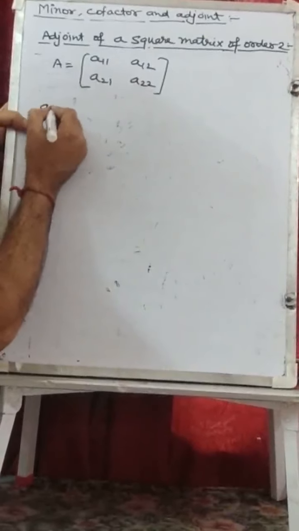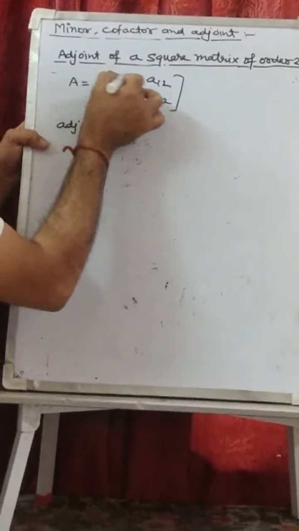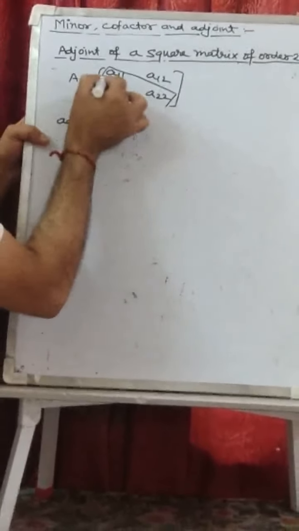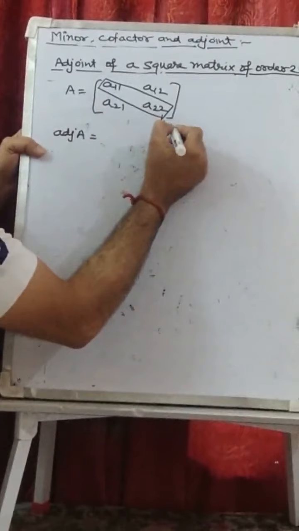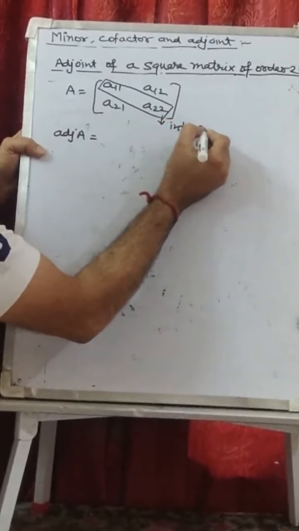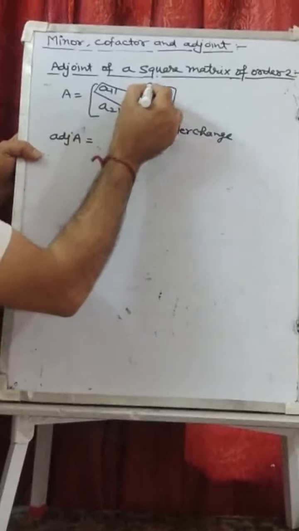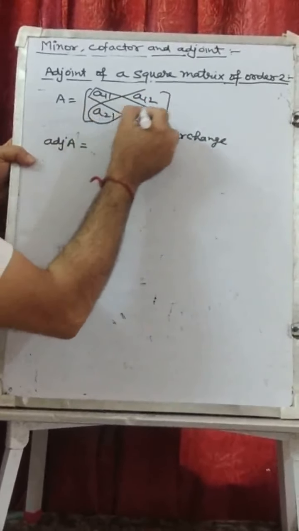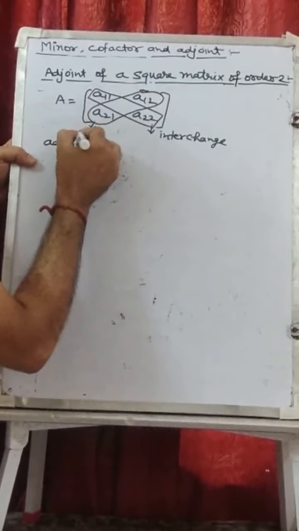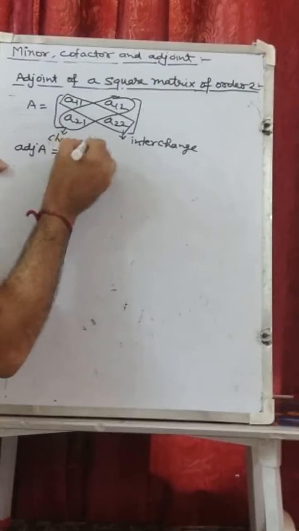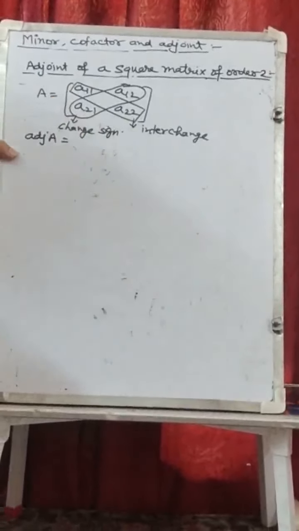So adjoint of A will be, firstly interchange the diagonal elements. And then change the sign of off-diagonal elements.